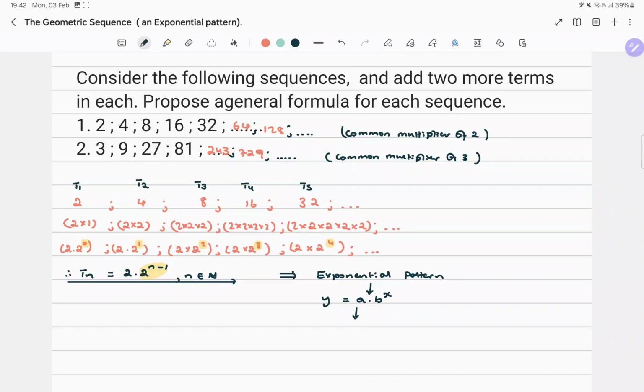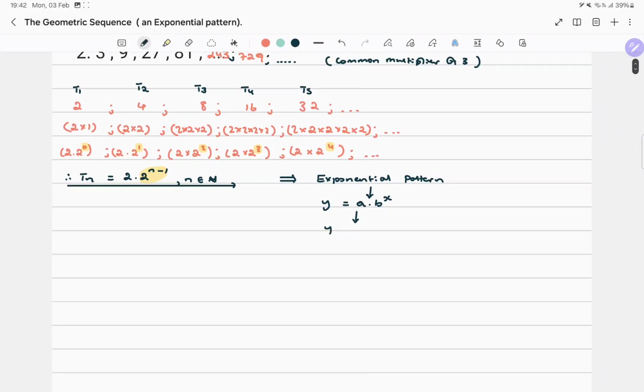If we take an example of an exponential equation, say y is equal to 2 to the exponent x, of course, we are suggesting that the a value here is an invisible 1. Since we don't write 1, we just leave it like that. Okay, hope this is clear.